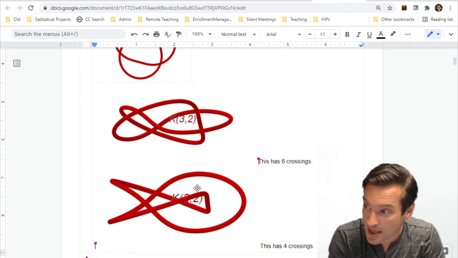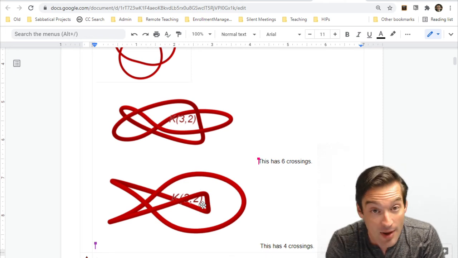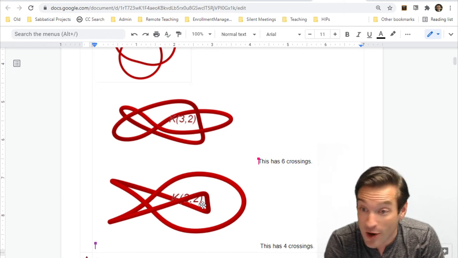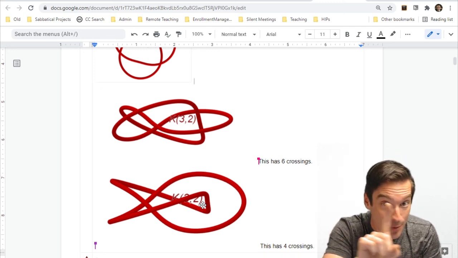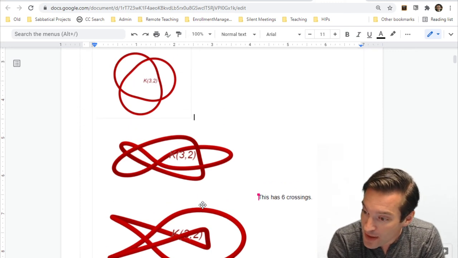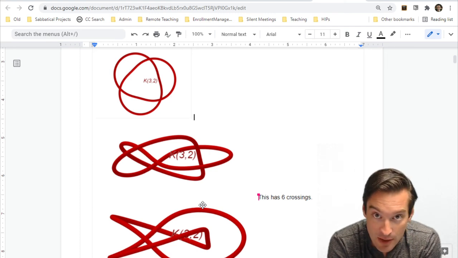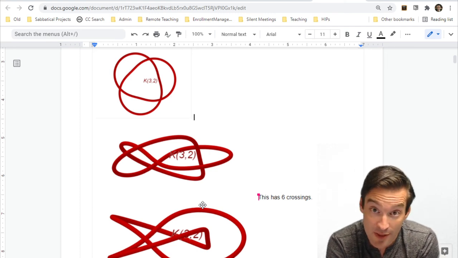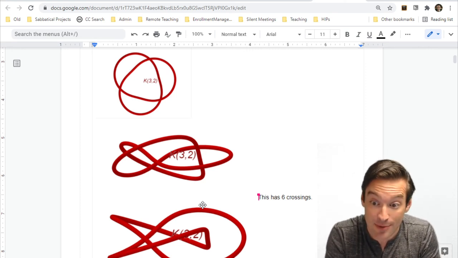I really like this example too, because here's a diagram of this same knot again that has 4 crossings. So just by rotating our perspective a little bit, we're able to add exactly 1 crossing to this diagram. So again, the big question of the day today is, can diagrams be a useful tool for us, given that the same knot can have so many different diagrams that represent it?